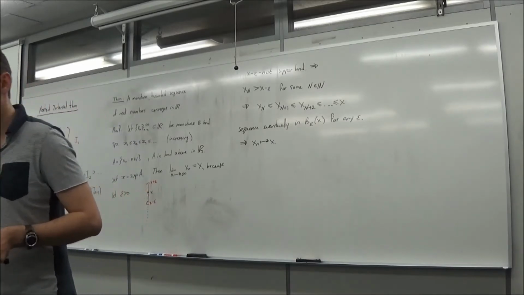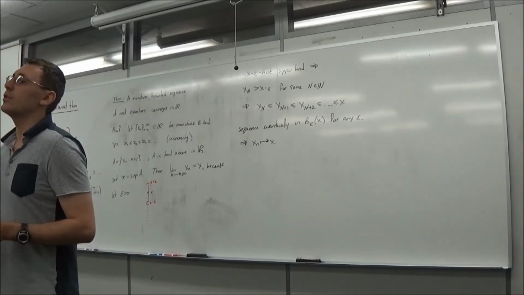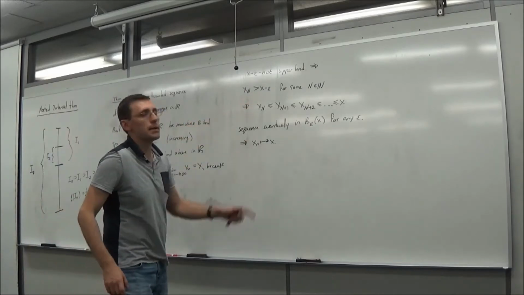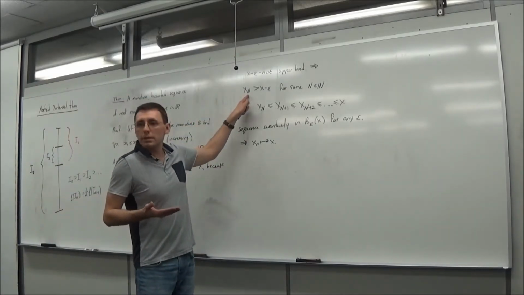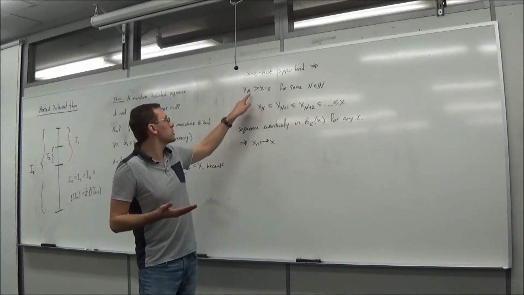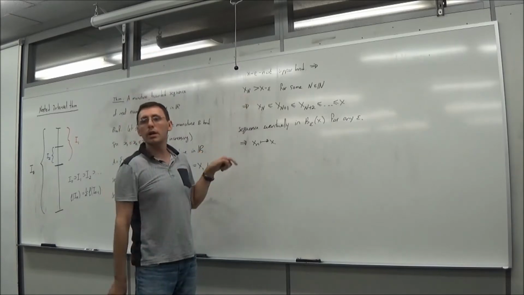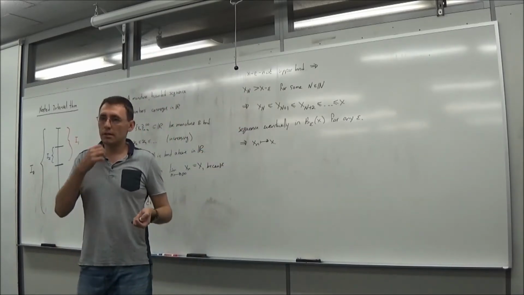How do we choose that capital N in terms of epsilon? I don't know. I don't know the sequence. I just know that a choice will be possible because x minus epsilon is not the upper bound. So some term of the sequence eventually goes beyond it, but because it's increasing, as soon as one is there, all the others follow. So I do not know how to make the choice explicitly, but I just know it exists.